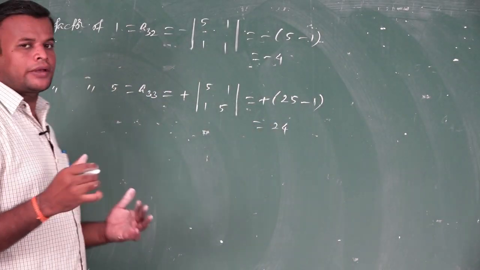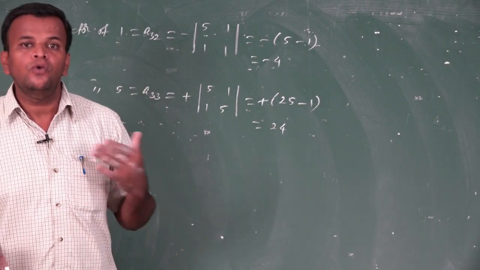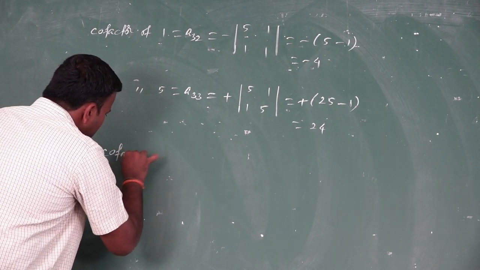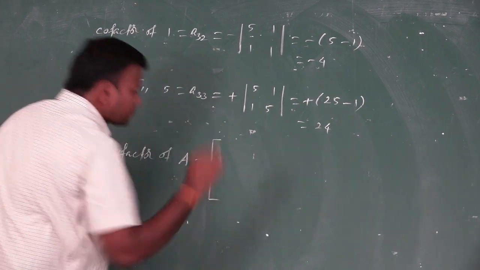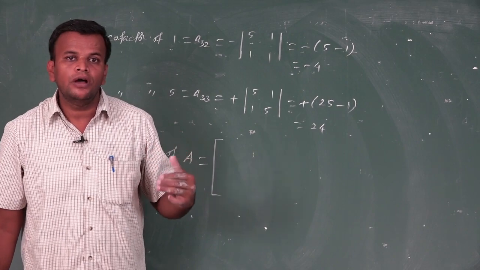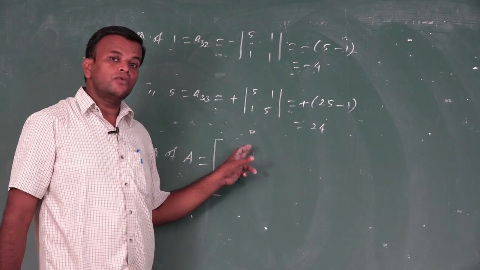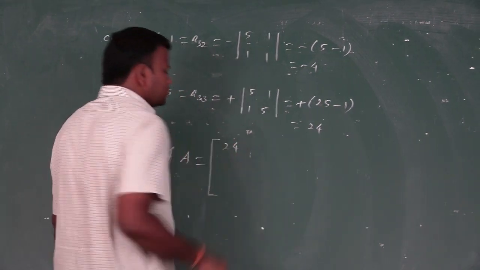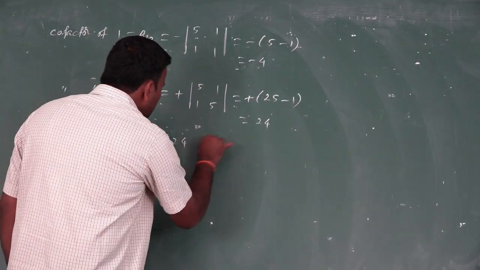So we find the cofactor of each and every element of A. So this matrix is called the cofactor matrix of A. So we write cofactor of A. First we write the cofactor value of A11 and then A12. The value of cofactor of A11 is 24. Cofactor of A12, the second element, is -4.